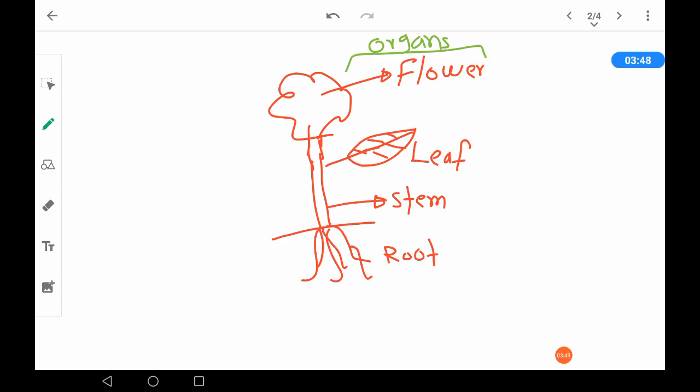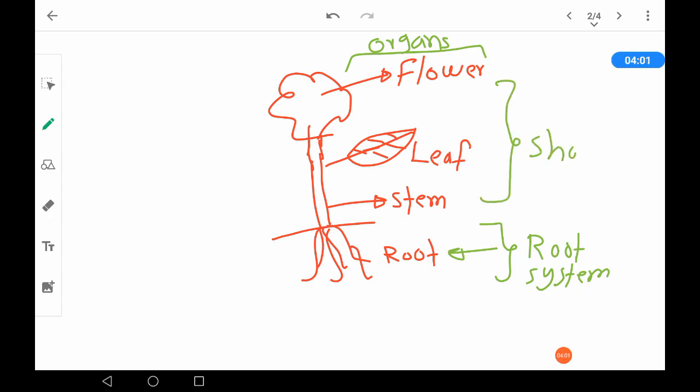So in plants we have two systems. We have the root system, which includes only the root, and we have the shoot system, which includes stem, leaf, and flower.